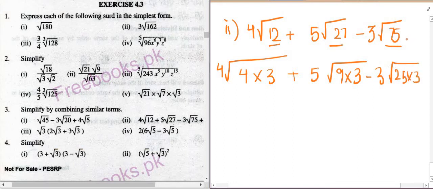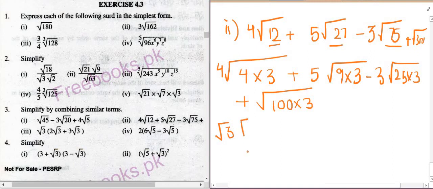There is also one more term, square root of 300, which I missed. For that, this is 100 × 3. Just take common √3 from all these. You will get √3 times, 4 is the root of 4, you can write it as 2, square root cancels.